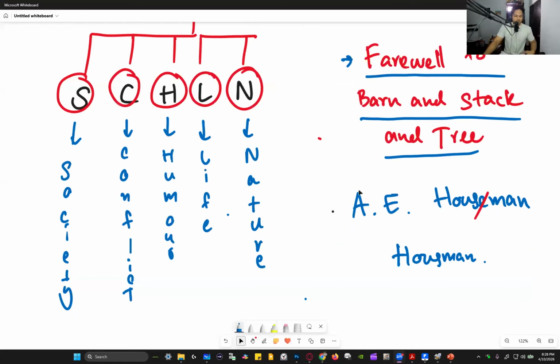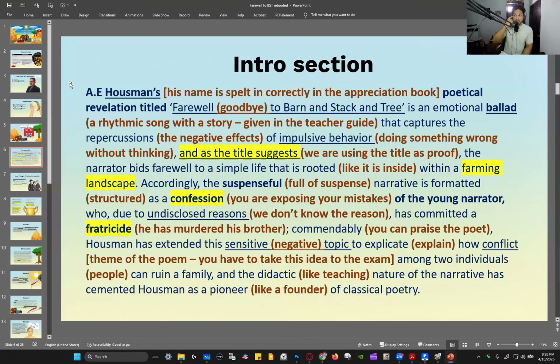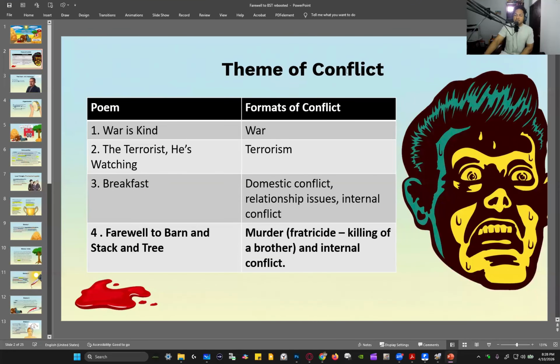So we're going to talk about Farewell to Barn and Stack and Tree. Also remember that this is a poem under the theme of conflict. Conflict means some kind of a fight.